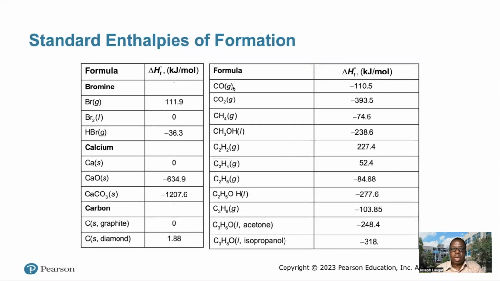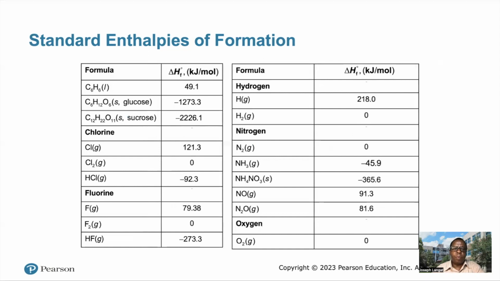Even carbon dioxide, we can have liquid and gas, and they have different enthalpies of formation. Even liquid H2O and gaseous H2O have different enthalpies of formation. We will need these values to calculate the overall enthalpy of formation for the reaction.